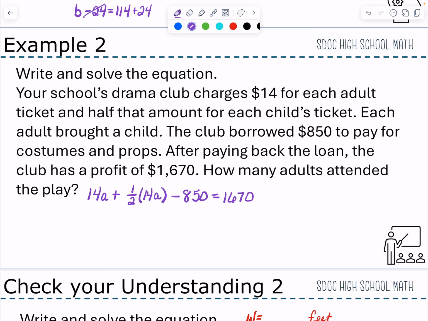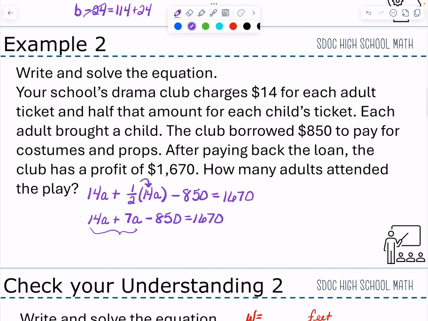So I typically want to get rid of that fraction first, but before I get rid of the fraction, I want to get rid of parentheses, so I'm going to multiply this. Okay? So I'm going to have 14a. 1/2 times 14a is 7a minus 850. All right, now 14a and 7a are both variable terms.